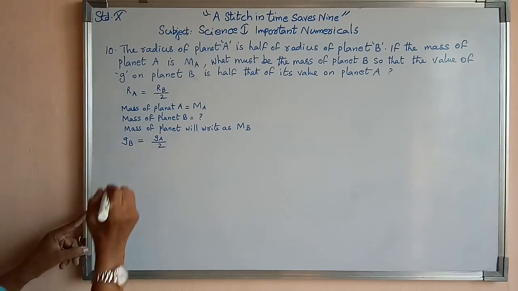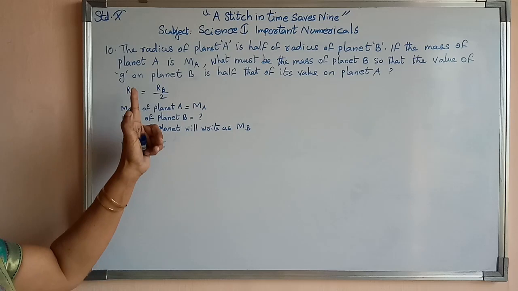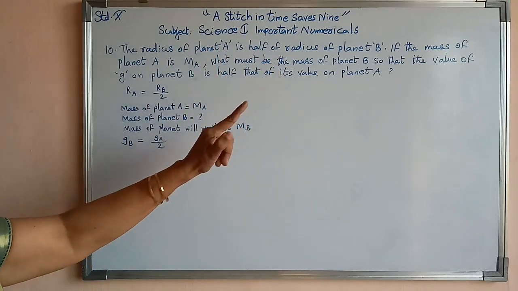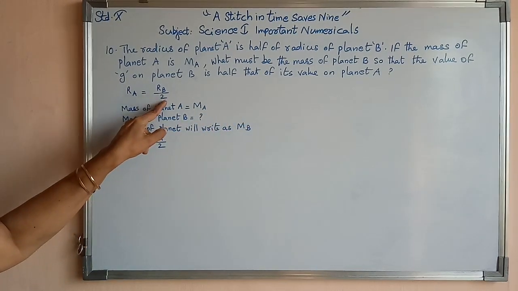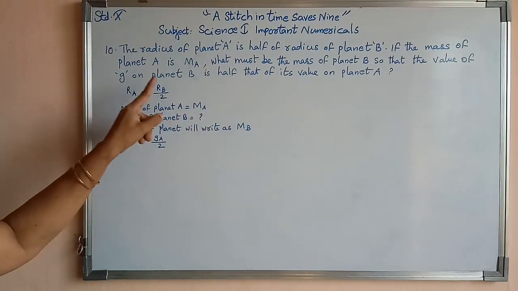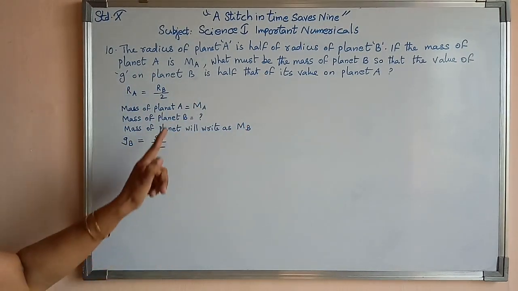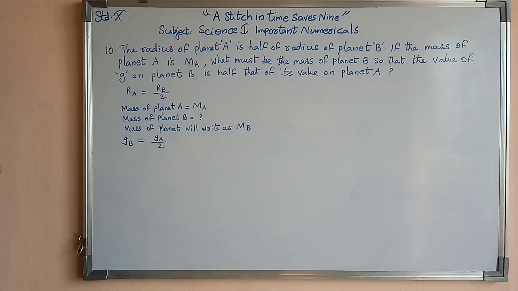It's half, that means upon 2. So once again we study: radius of planet A is half of radius of planet B, so planet B's radius is upon 2. Mass of planet A is Ma. Mass of planet B you have to find out, so I have written it as Mb. We need to find that value.